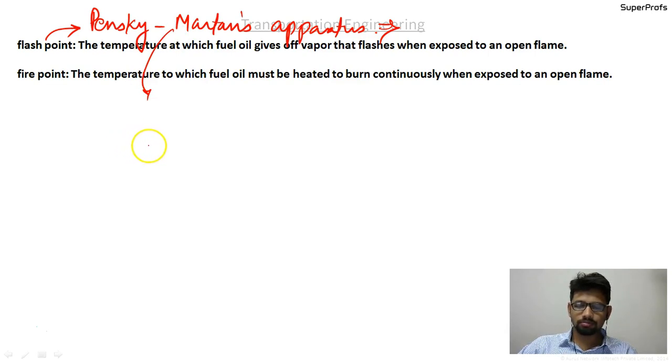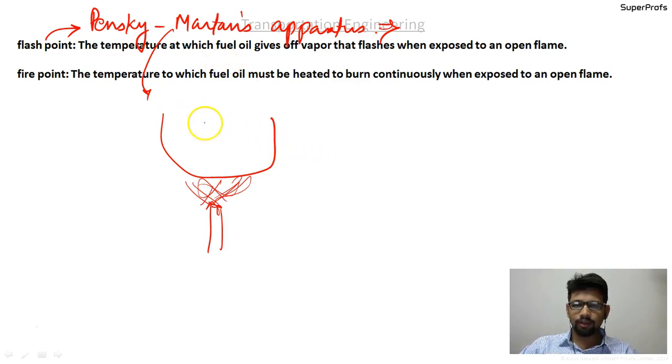So it is just a container of this kind, and we heat it from the bottom. I am not giving you the exact specifications, and when you heat it from the bottom there will be some vapors generated. The temperature at which the fuel gives off vapor that flashes when exposed to an open flame.